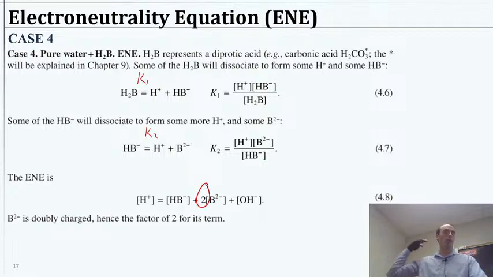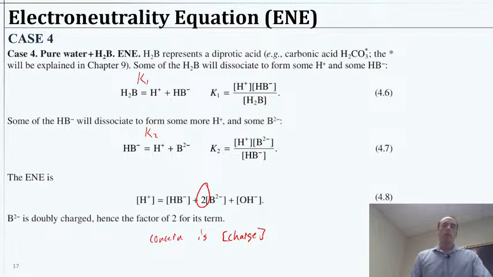When we report the concentration of B2 minus, that's like 10 moles of B2 minus. But how many moles of charge does that mean? It's actually 20 moles of charge, right? So we put the 2 out there in front. Essentially, our concern is moles of charge. Then plus the OH minus, of course.